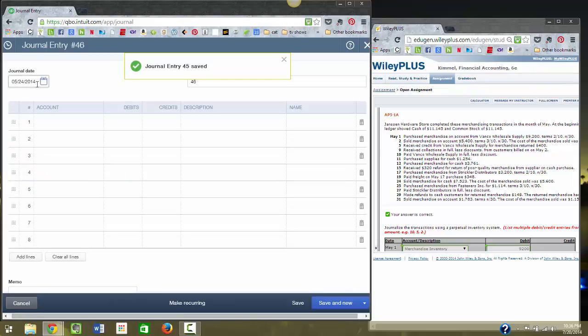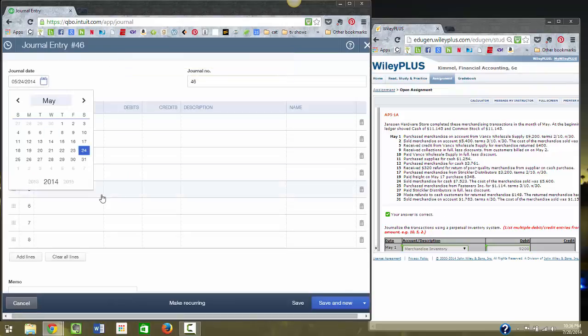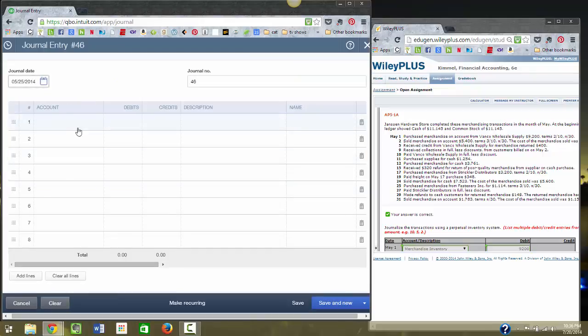Next day is 5/25. It's always best, if you have a doubt, just go back and check it. It doesn't cost you anything to be safe. May 25th, purchased merchandise from Fasteners Inc. for $11.14.